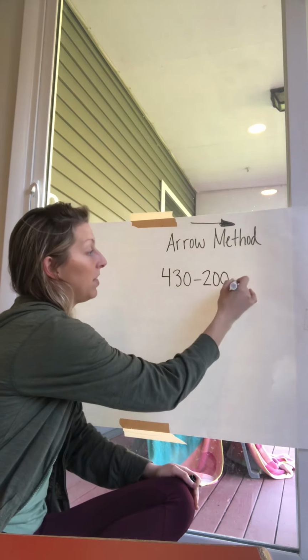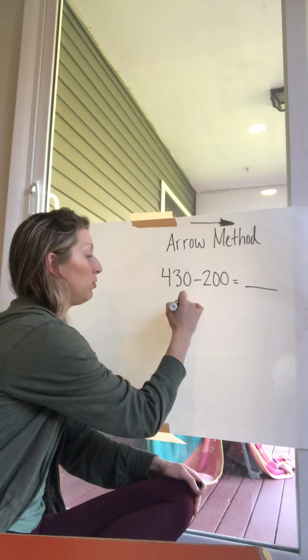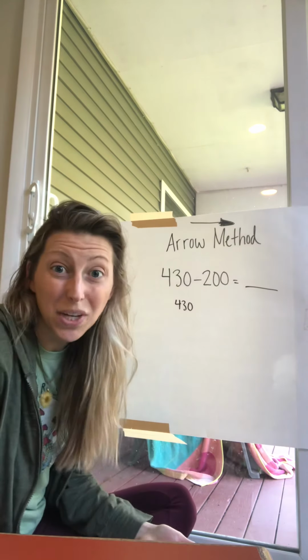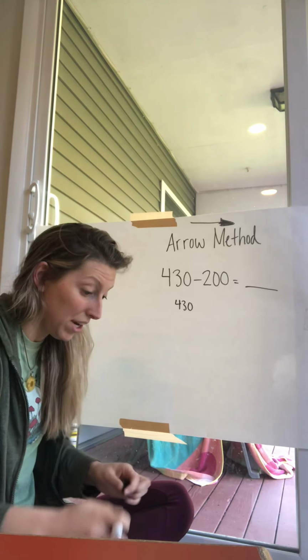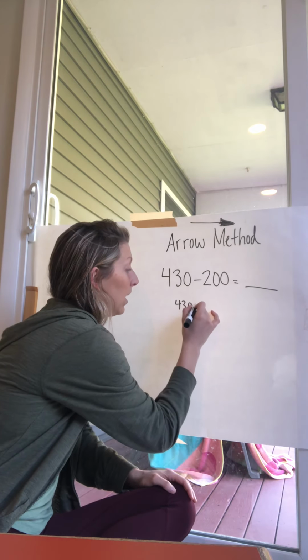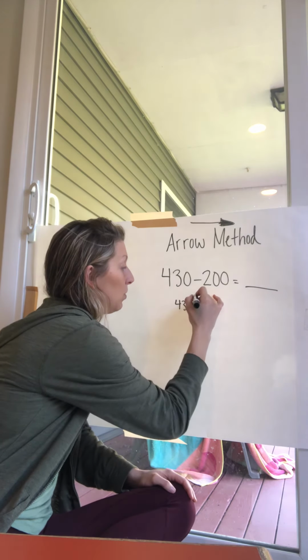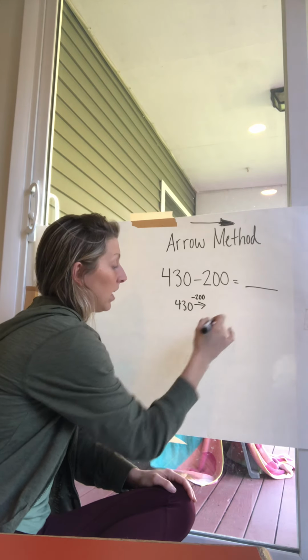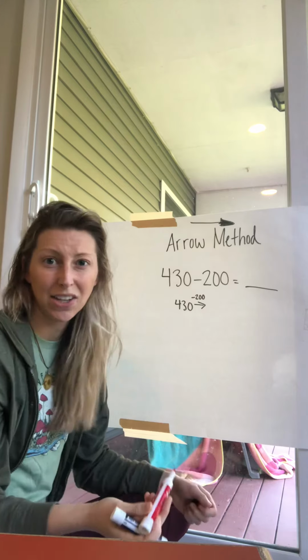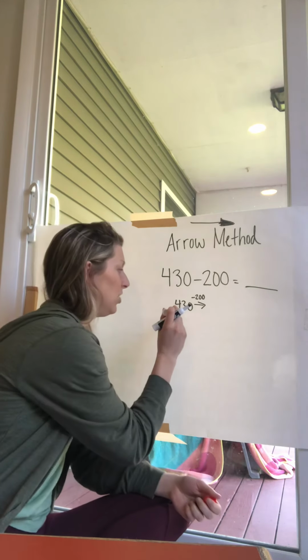So when we think about that arrow way, we start with 430, okay? And I think we can see in our brains, we have our arrow here. If we took away 200, what's changing? The only thing that is changing is the hundreds.